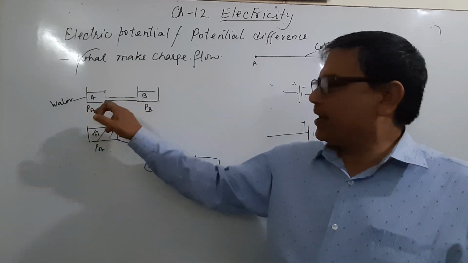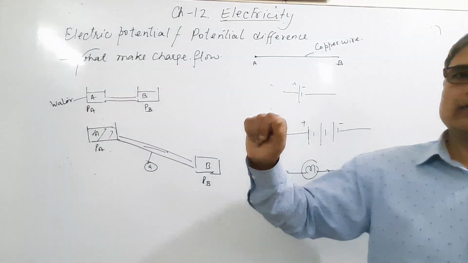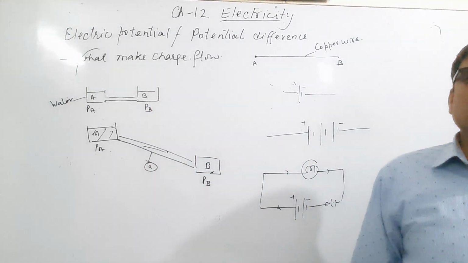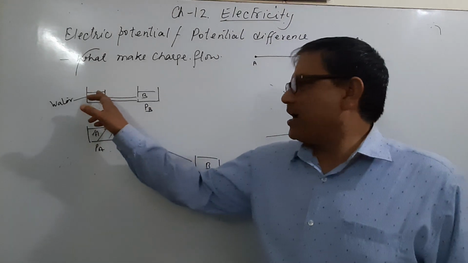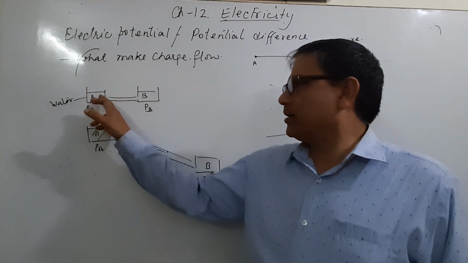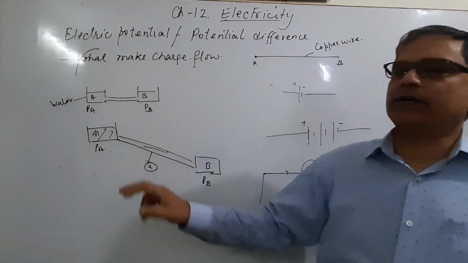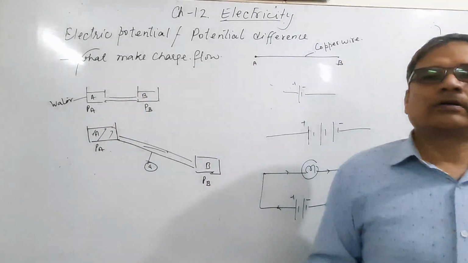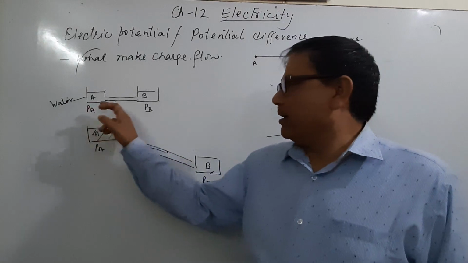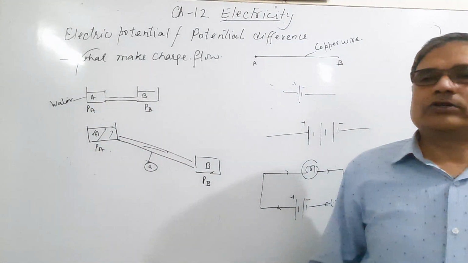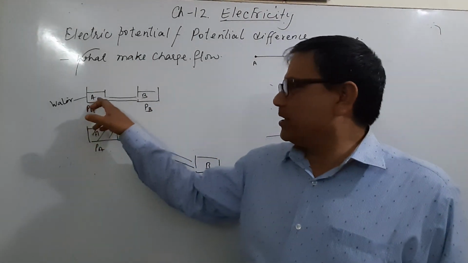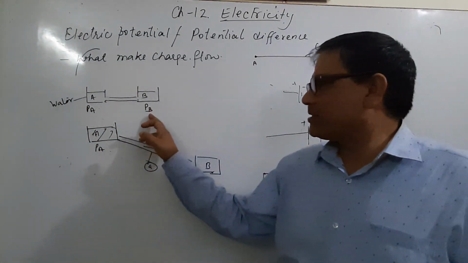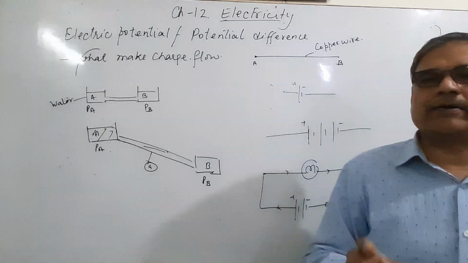The water in tank A and the water in tank B is the same, meaning the height and quantity of water in tank A and tank B is the same, which possess the same potential energy in A and in B, due to which the pressure exerted by water in A and the pressure exerted by water in tank B is the same.